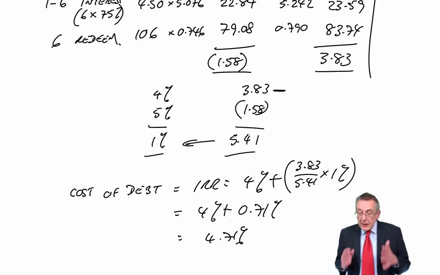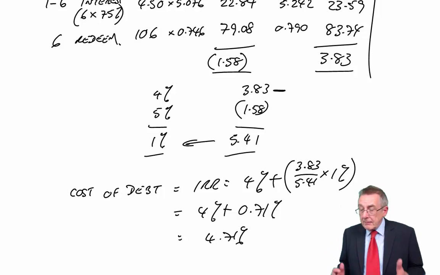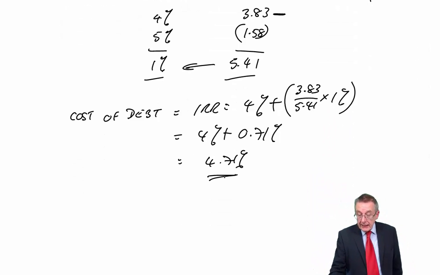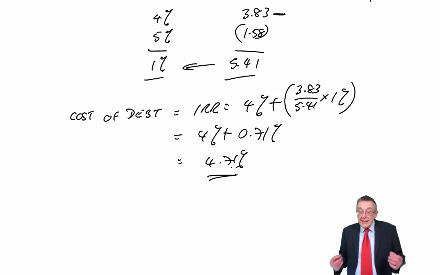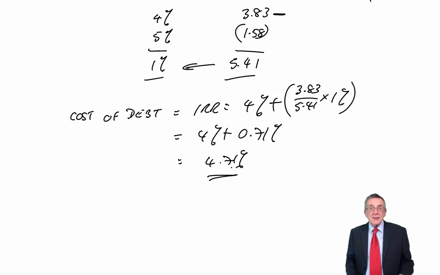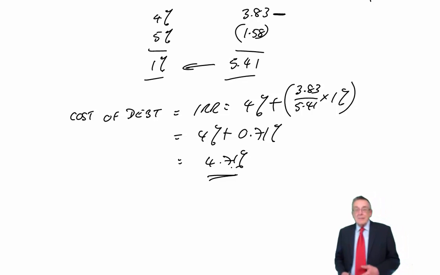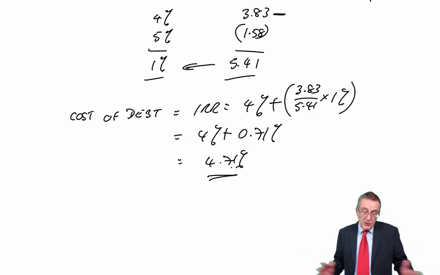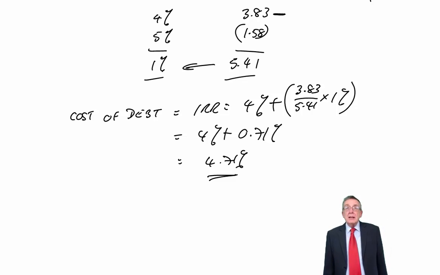In the exam, you won't lose marks. The markers know this. Although I'll leave it at 4.71, you can't say it's precisely 4.71. It is only approximate. So if you have made different guesses, 6% and 3%, for example, if you get a lot different than 4.71, you've made a mistake. But assuming it's somewhere around that, you've probably got it right. You'd still get full marks.